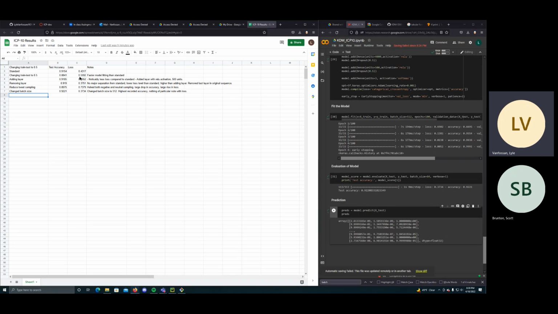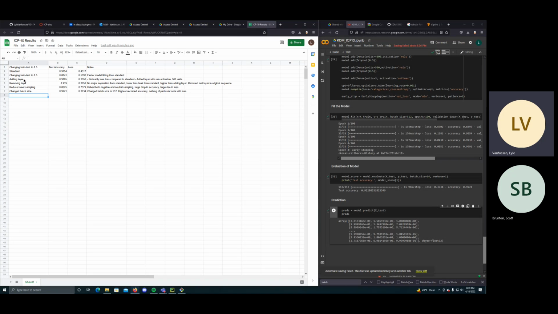However, I did notice that the model fitting was pretty fast. It might just be a product of the actual Colab being faster due to some external factor, but that was one of the noticeable things of note.